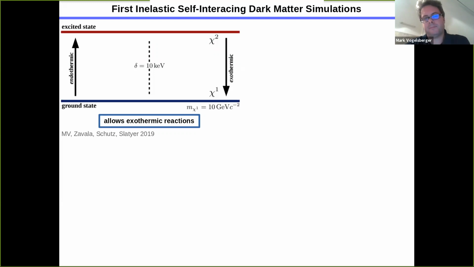Tracy Slatyer and Kathleen Schutz explored models that can easily be written down for inelastic interactions. Zavala and I then simulated some of these models, and I want to show you one example, where we have a two-state dark matter particle with a ground state and an excited state, a certain energy splitting, endothermic and exothermic reactions, and a certain ground state mass.